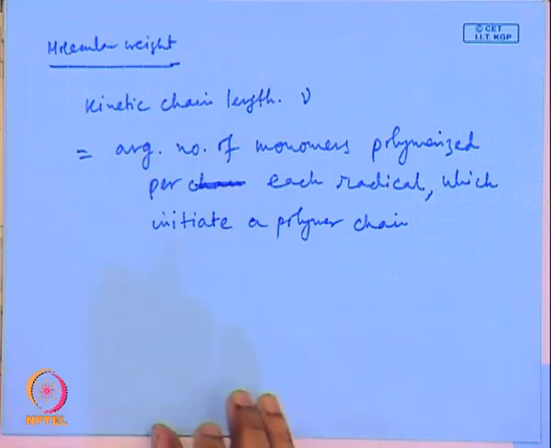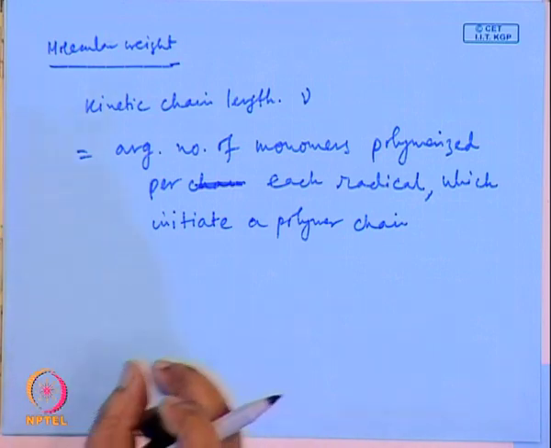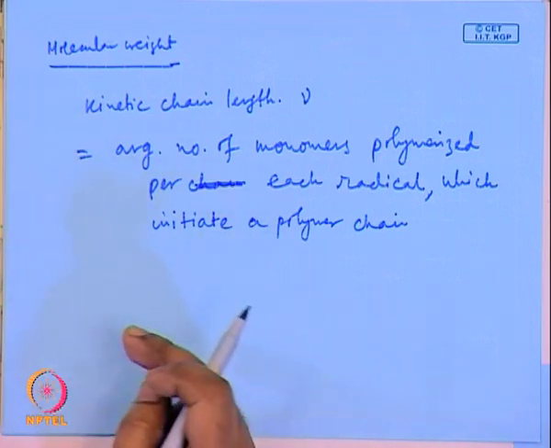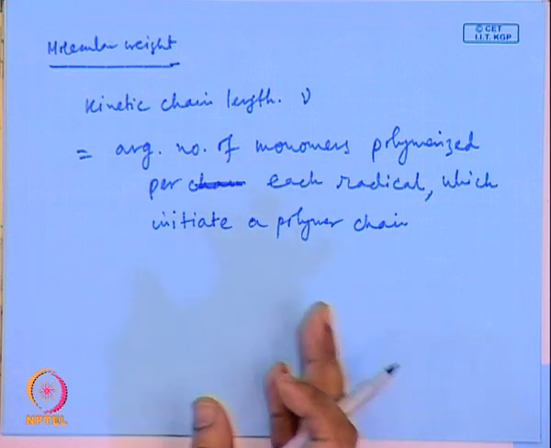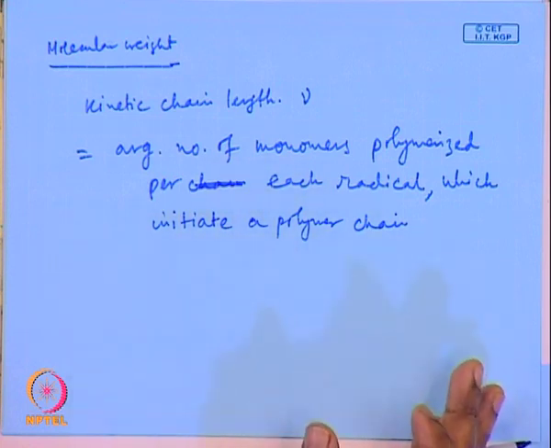So, it is the average number of monomers which polymerize per radical which actually initiates the polymerization, not the radicals which, as I said, get consumed by side reactions or other reactions which do not initiate a polymer chain.